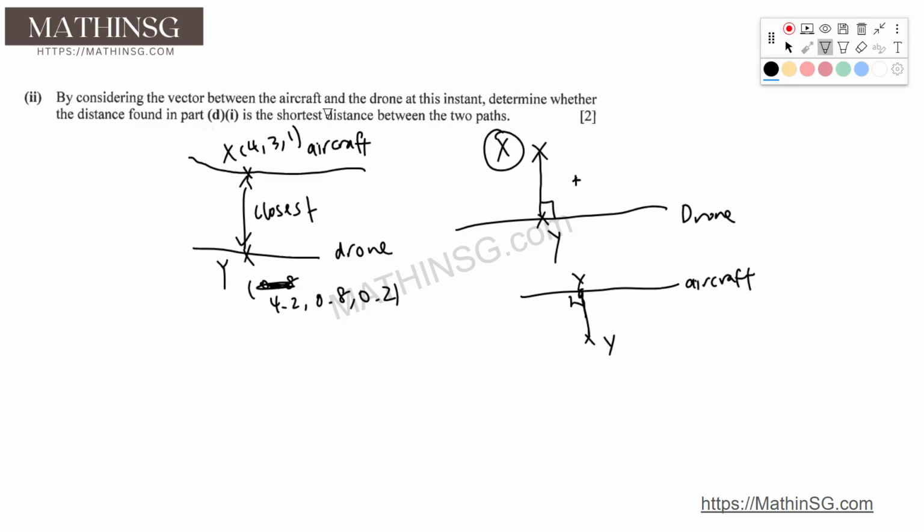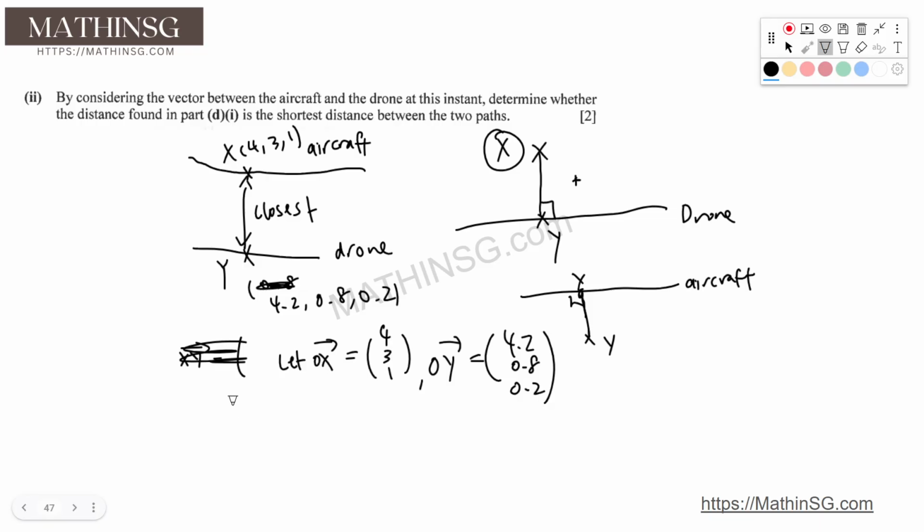So they just want us to find out, is it the shortest distance between the two paths? What we need to do is first find XY. Let OX be this, OY be this. Then let me find YX, which is basically OX minus OY. You just do a subtraction.